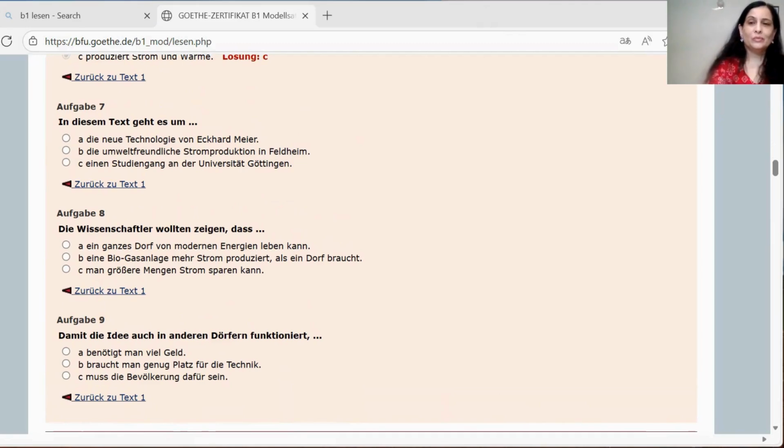So the bonus tip I was going to give is: whenever you get confused, okay, if you are clear this is the correct answer, then 100% you can tick mark it. But if you are not sure or you are confused, then one by one you just see which is not appropriate at all.